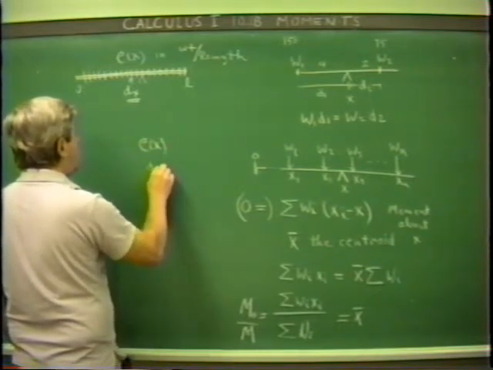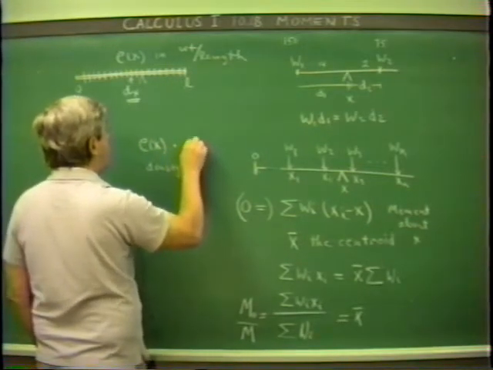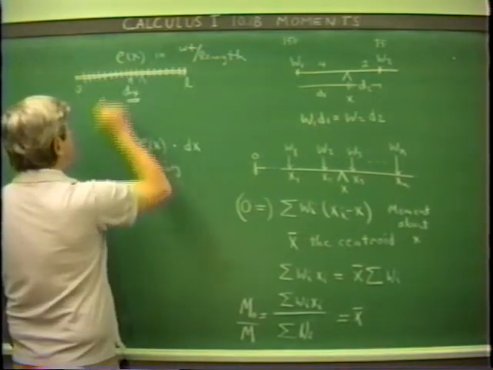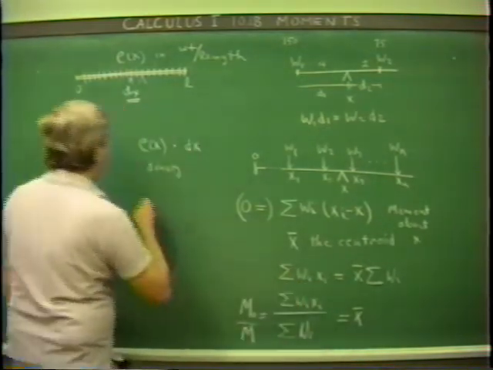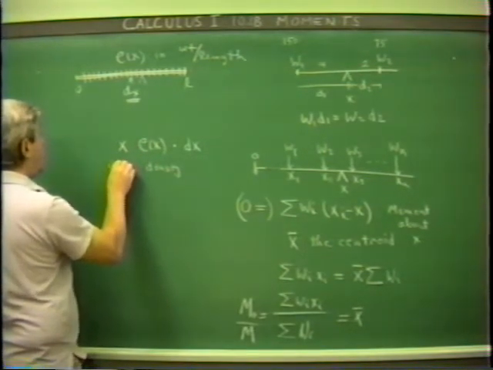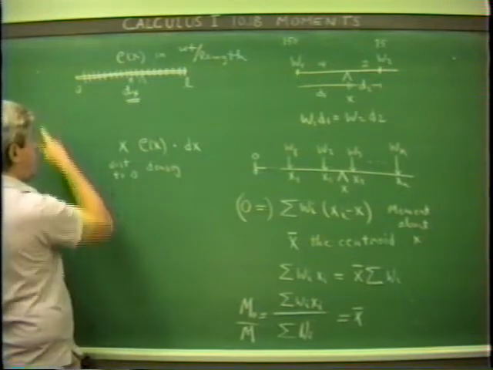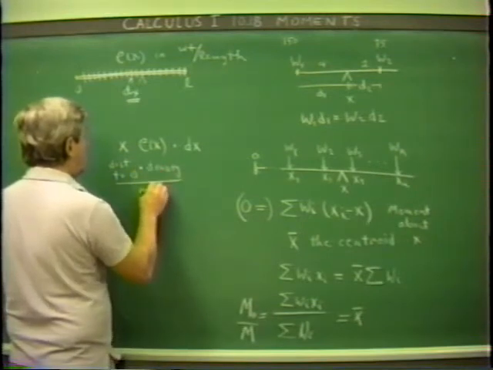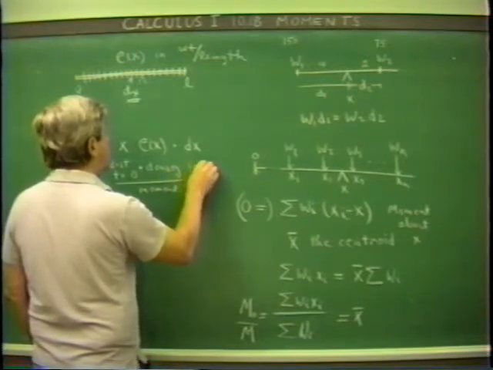This little piece here, we can treat as if it were a single weight, and we would get that rho of x, the density in weight per unit length, times the length, is going to give you the mass of the little piece. If we were to compute the moment about 0, we then want to multiply this by x. So this is the distance to 0. The directed distance, in fact, because if this was negative, then this would be a negative distance. And so this right here, that is the moment.